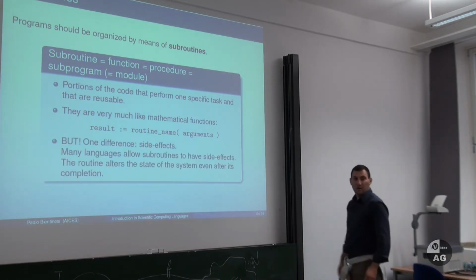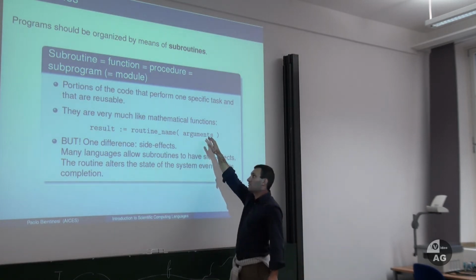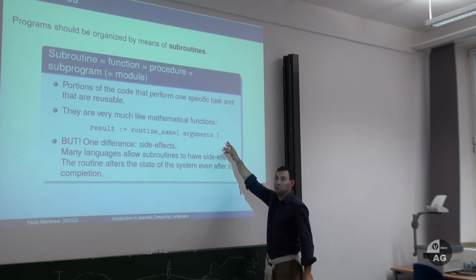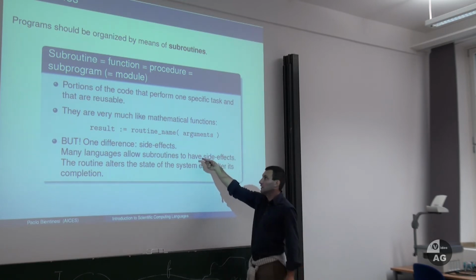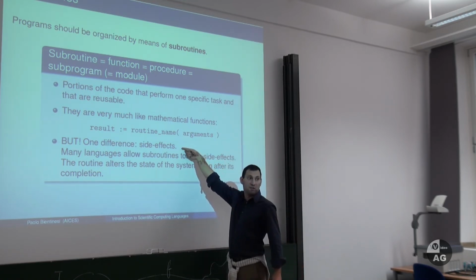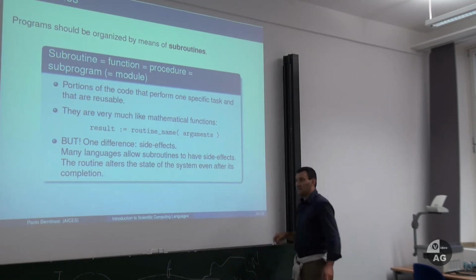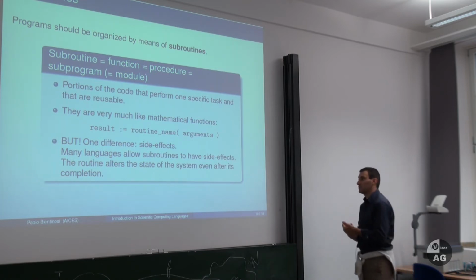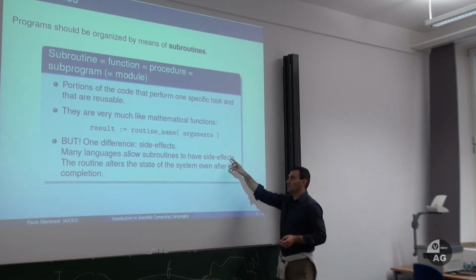There is a big, big difference between mathematical functions and procedures or computer functions or subroutines. Computer functions might have side effects, and side effects are nasty. Side effects are dangerous.